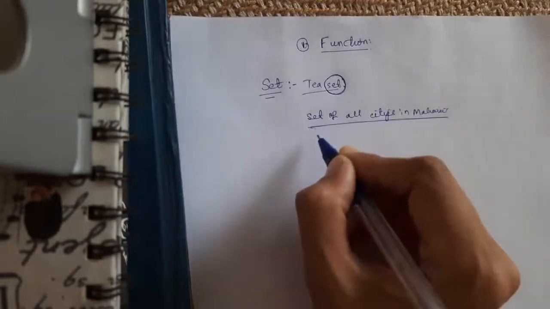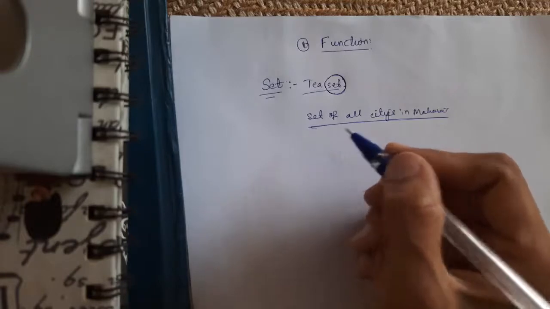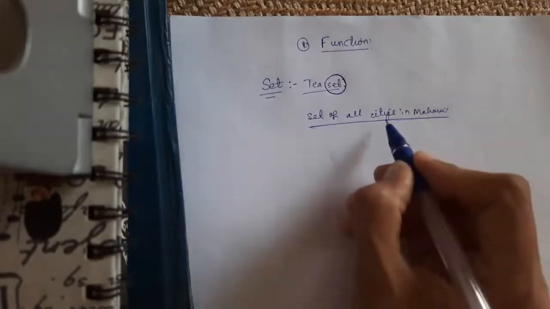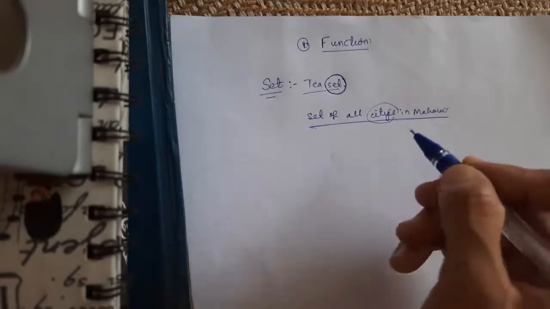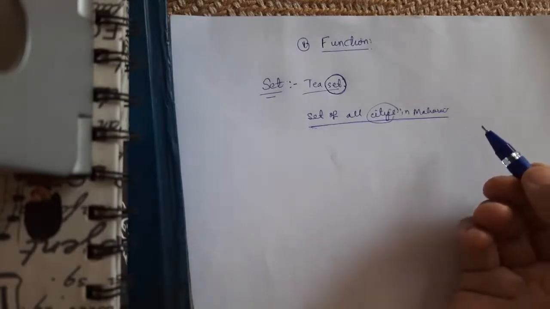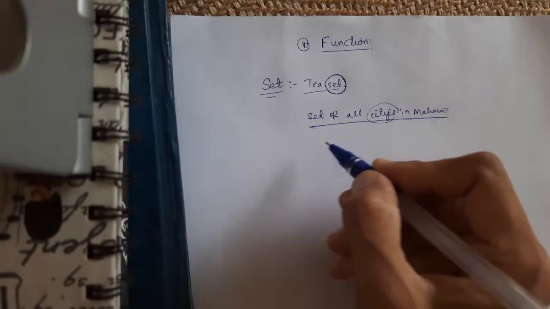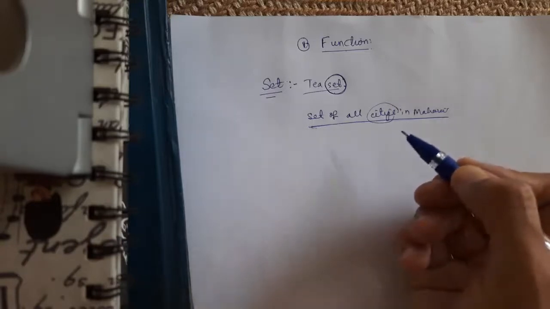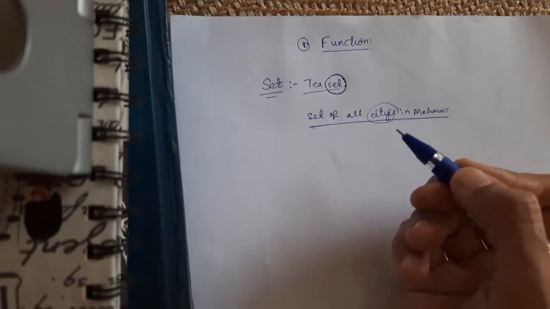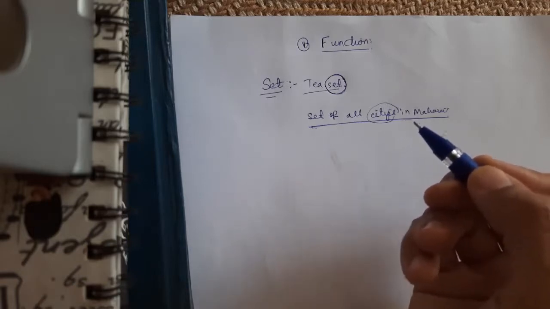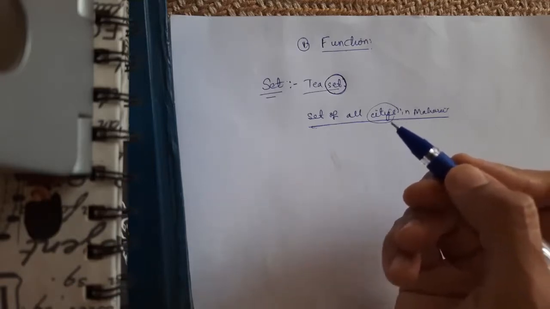So we are not including villages or talukas or sub taluka places, just the cities in Maharashtra. Or the set of all district places in Maharashtra, that is one set. Set of all state capitals of India. Set of all state capitals of USA. These kinds of things are called a set.